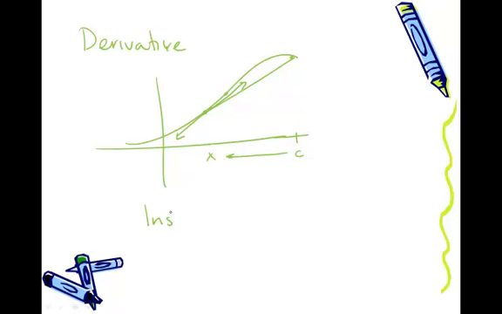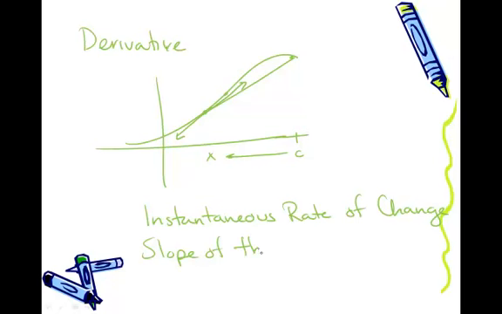This was called the instantaneous rate of change, or the slope of the tangent line. And this was rise over run, or the change of y over the change of x.